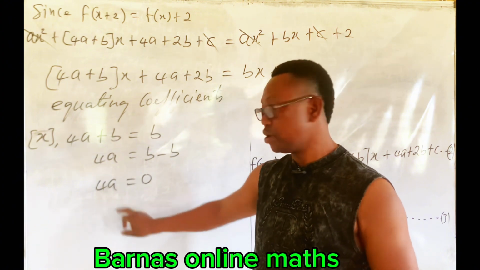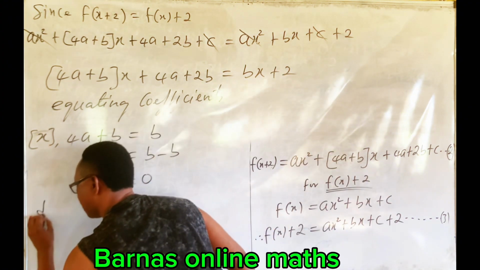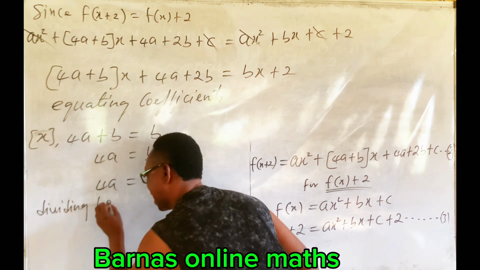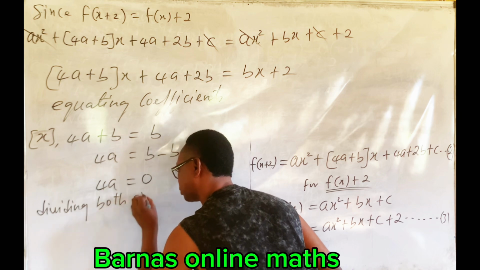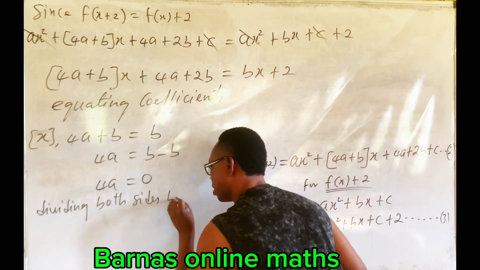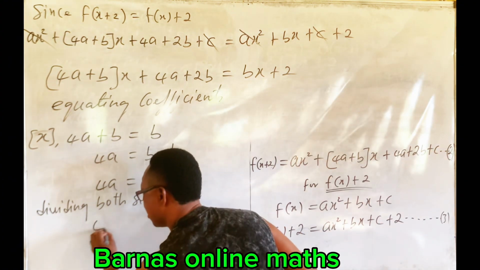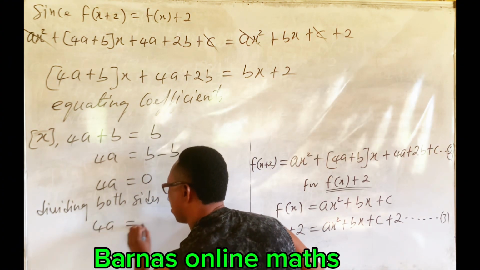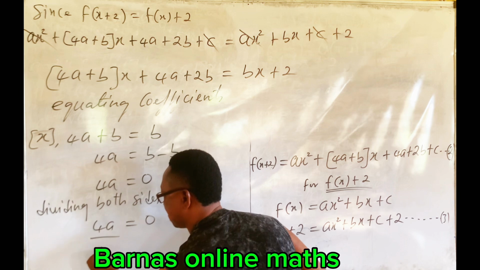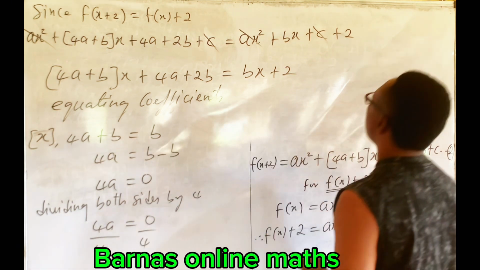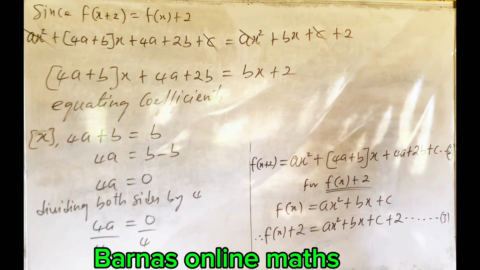Since our target here is to find the value of a, we are going to divide both sides by its coefficient, which is 4. So dividing both sides by 4, we're going to have 4a equals to 0. Divide the left hand side by 4. Divide the right hand side by what? 4.